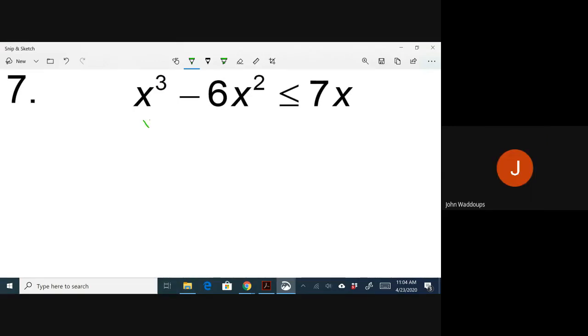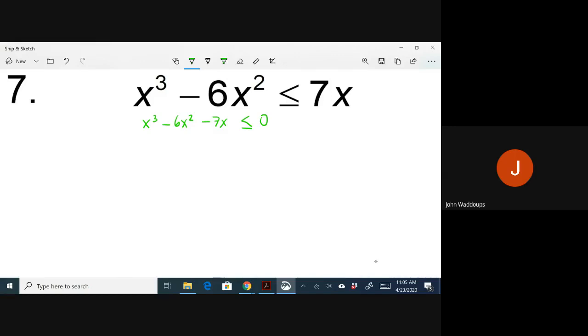Okay, so number 7. The first thing we're going to do is take x cubed minus 6x squared, because we want one side to be equal to 0. So that 7x, we're going to subtract it. Minus 7x and minus 7x. So it's going to come over here as minus 7x less than or equal to 0.